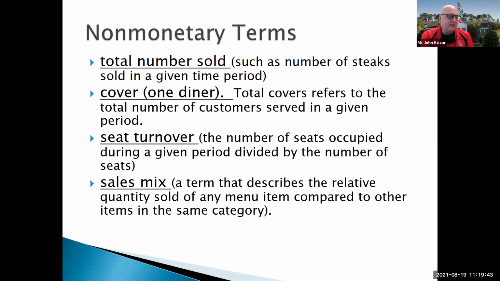It describes the relative quantity sold of any menu item compared to other items in the same category. So if we had a list of all of the entrees on our menu, we can say we sold 60 fish and 40 chicken. Each item would add up to see what our total was, and then we're going to do another percentage calculation.